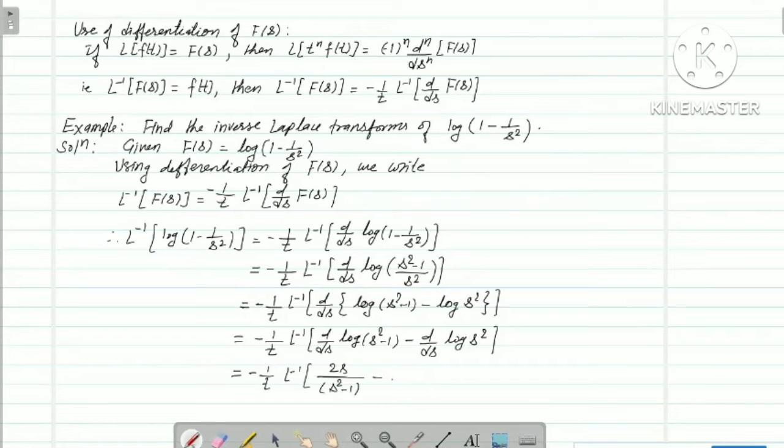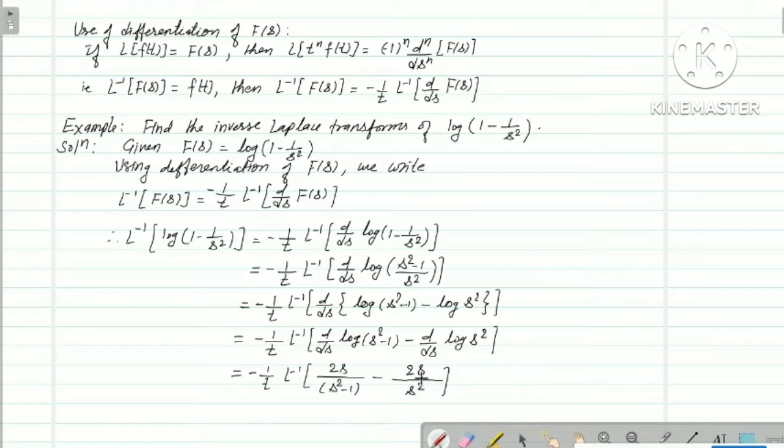What is the derivative of log x? That is 1 upon x, but this is not x, this is s square, and the derivative of s square is again 2s. Close the bracket. So what is common here? 2s is common, but we will take only 2 common.